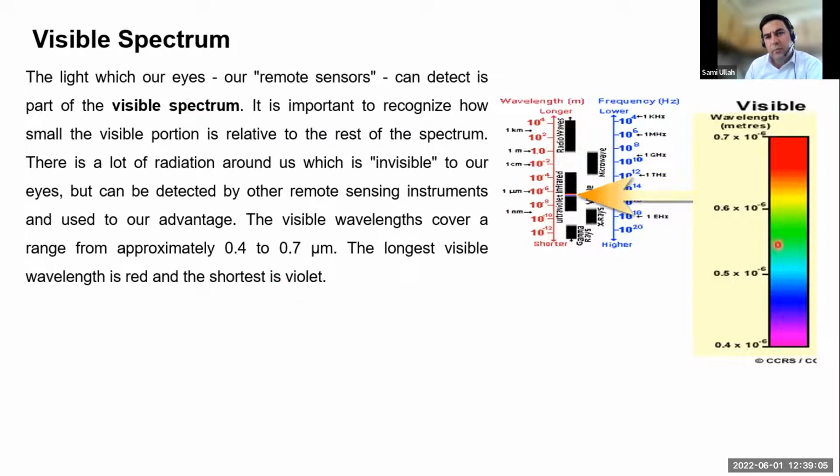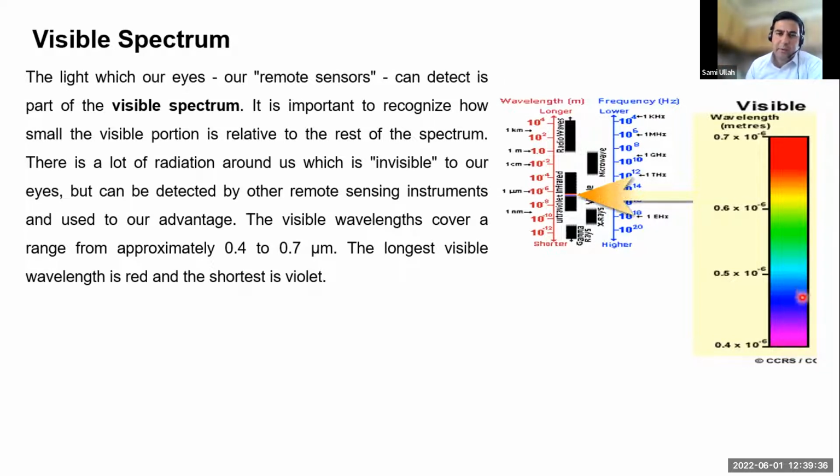If you look at the visible spectrum, it starts from violet. That's also why we call it ultraviolet: the color is violet, but ultra means beyond.